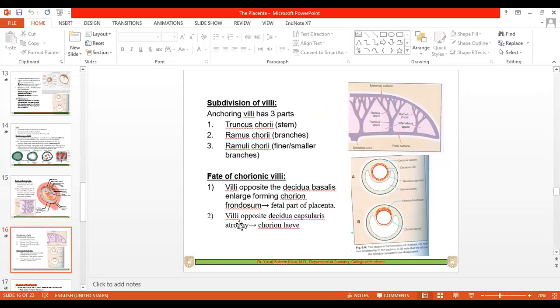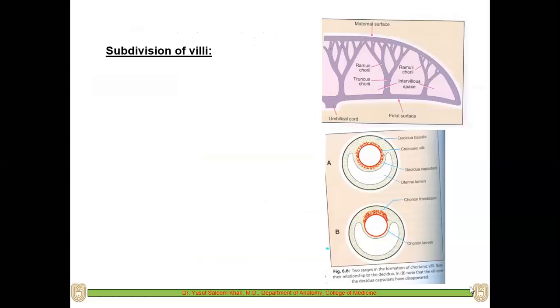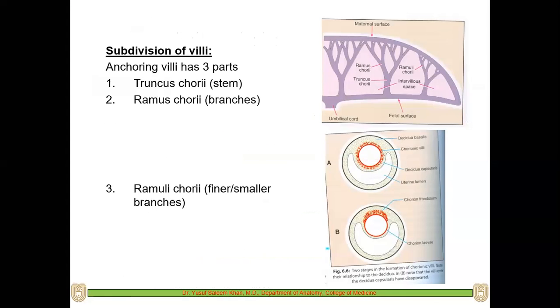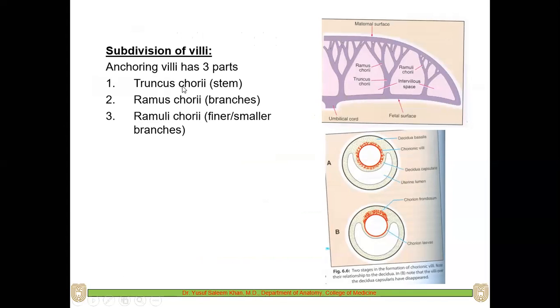Now coming to the divisions of villi. Within the villi, what are the parts? You will see that it has three parts. That is called the truncus cori. Truncus means just like a trunk. It looks like a tree, so it is called the trunk, meaning the main part of the tree.